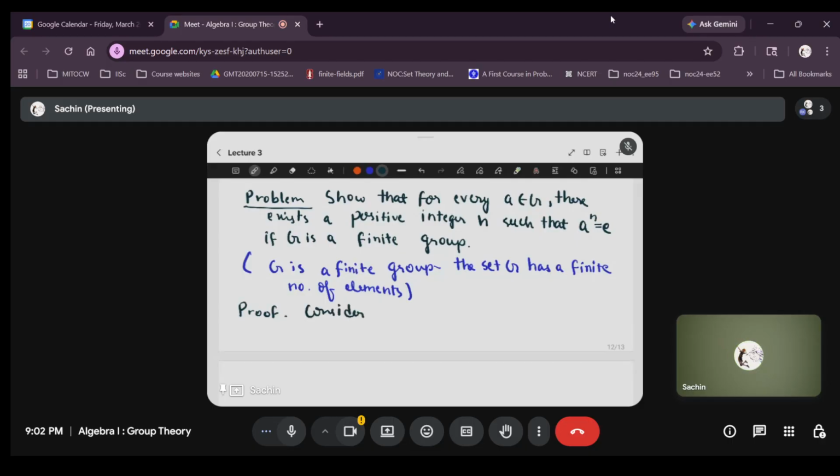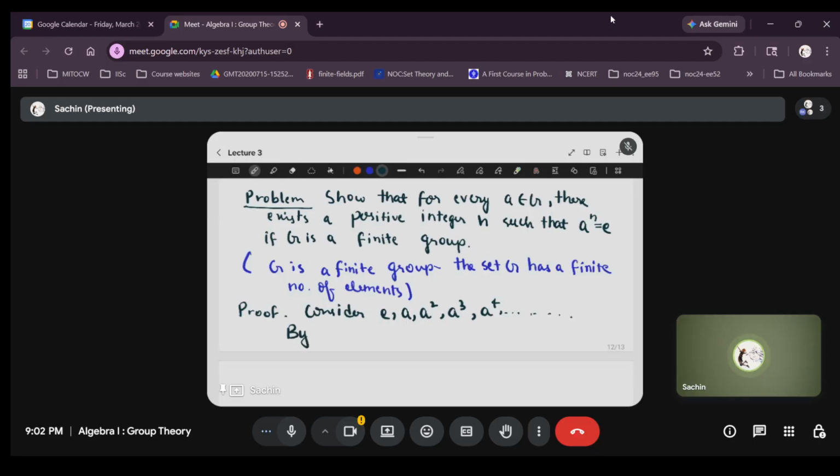Consider E, A, A square, which is A times A, A cube, which is A times A square, A power 4, etc., and so on. Consider all powers of A.